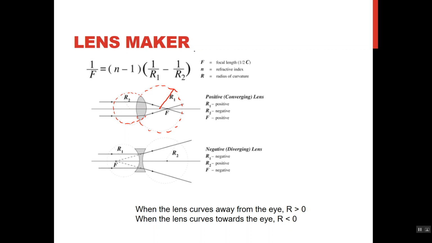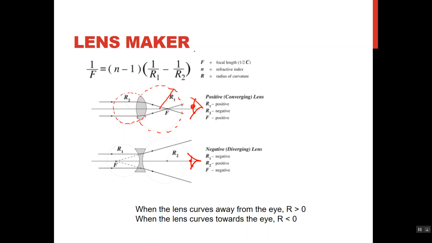What's important to note is that your lens is made up of two overlapping circles, right? And you can find the radius of curvature for both of them. In this case, the rays are coming in this way, so the eyeball is over here. I'm going to draw the eyeball over here, because it matters for convention. If the lens curves away from the eye, the radius is positive.